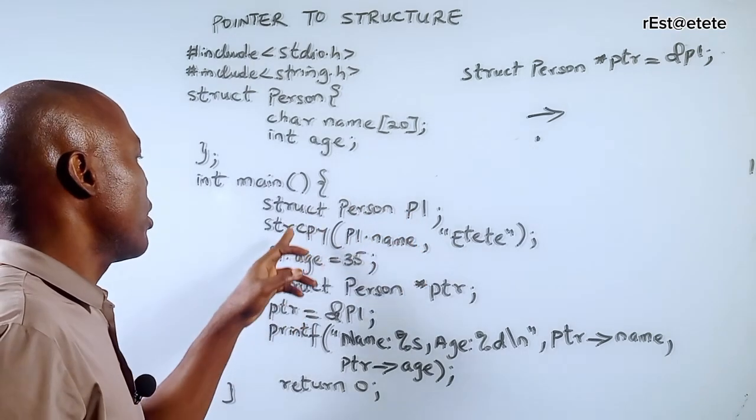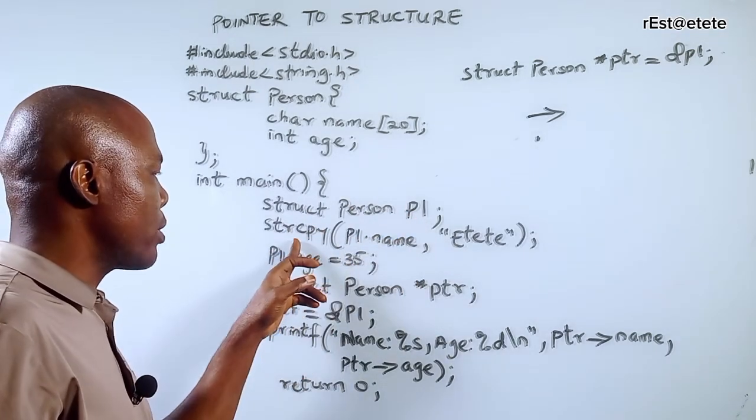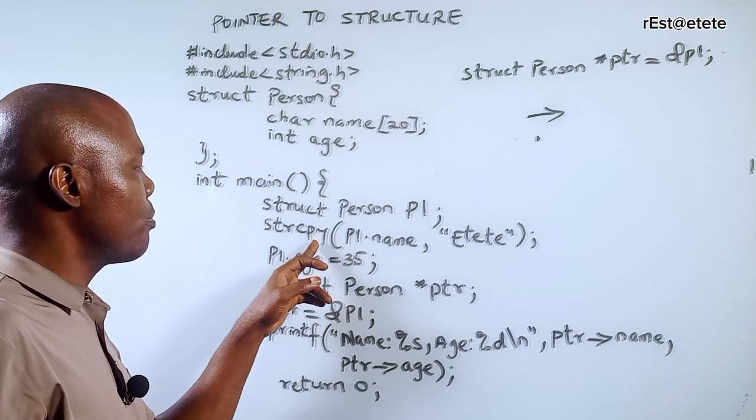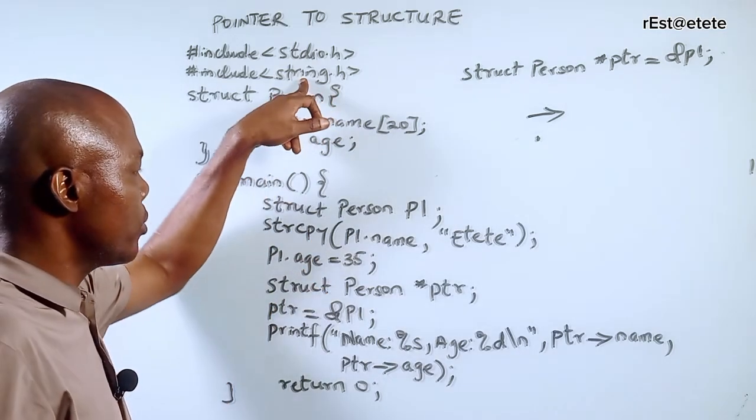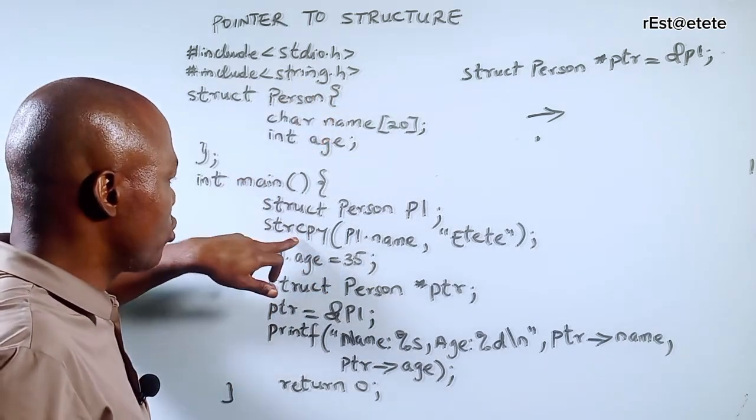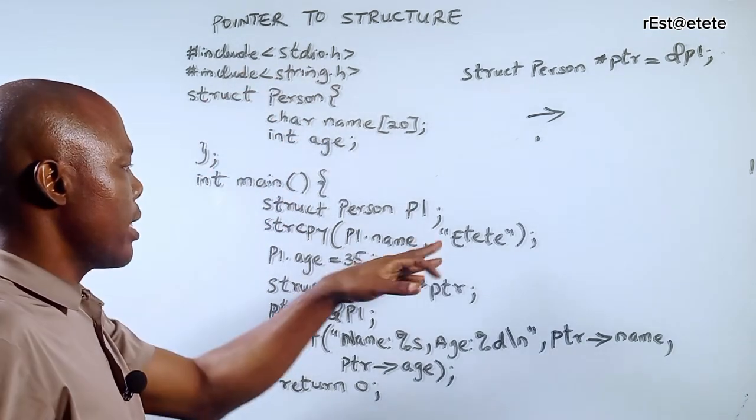Now, to assign name to this p1, I brought in my string copy, strcpy. This string copy is obtained from string.h. So this is a tool from this toolbox. What will it do?